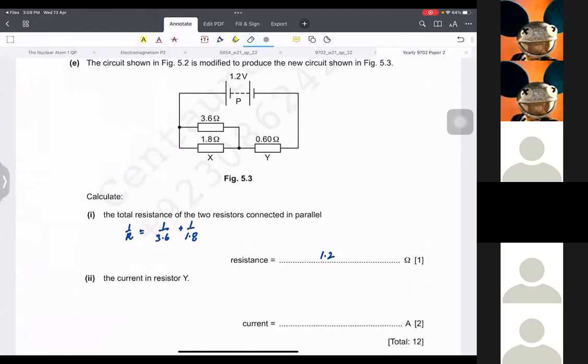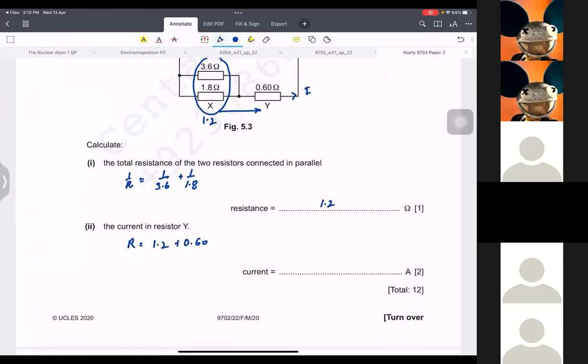And the current in resistor Y. Now you need to understand something. He wants us to find the current in the main circuit, right? This whole part is 1.2, and this is in series with this, so I'm going to add the total resistance, which will be 1.2 plus 0.6, and I want to find the current. So this is, I think, 1.8.